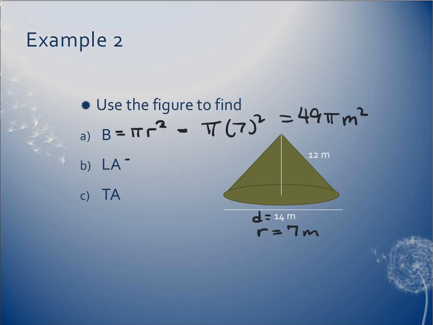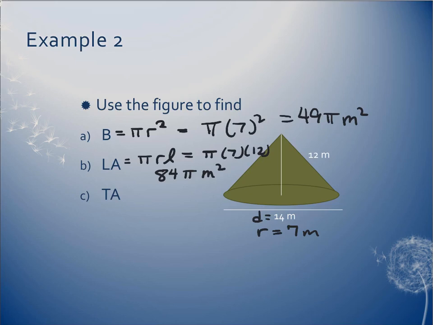My lateral area for a cone is pi times the radius times the slant height. So pi times 7 times my slant height, which is 12, giving me 84 pi meters squared.